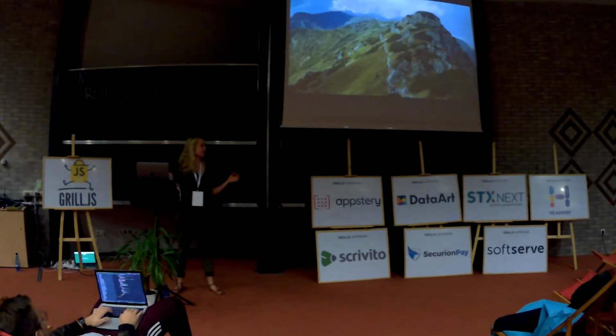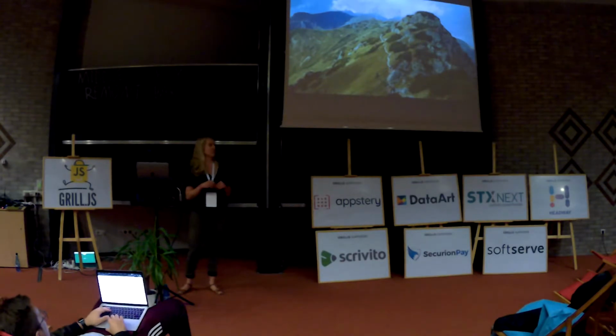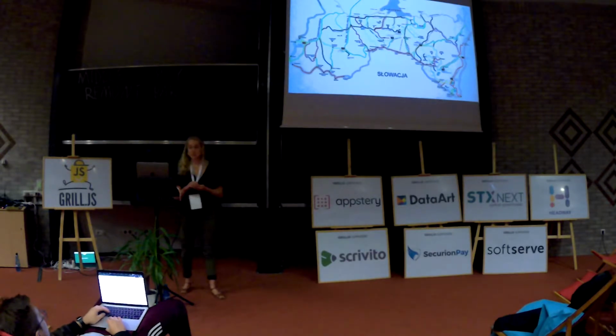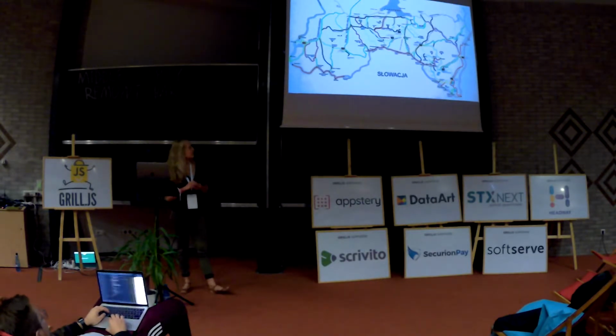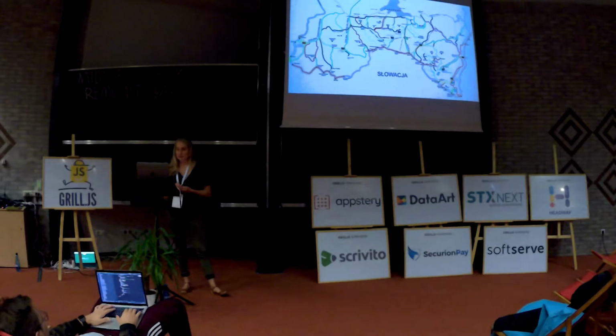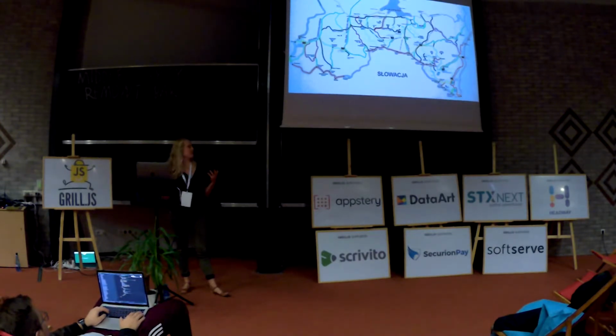But data visualization is also, in a sense, like trying to describe a mountain range with a map. So this is a map of the Tatra Mountains, for example, and we see that there's some things labeled. So we have the peaks, we have the different valleys labeled, but here you're missing the fullness of the mountains.